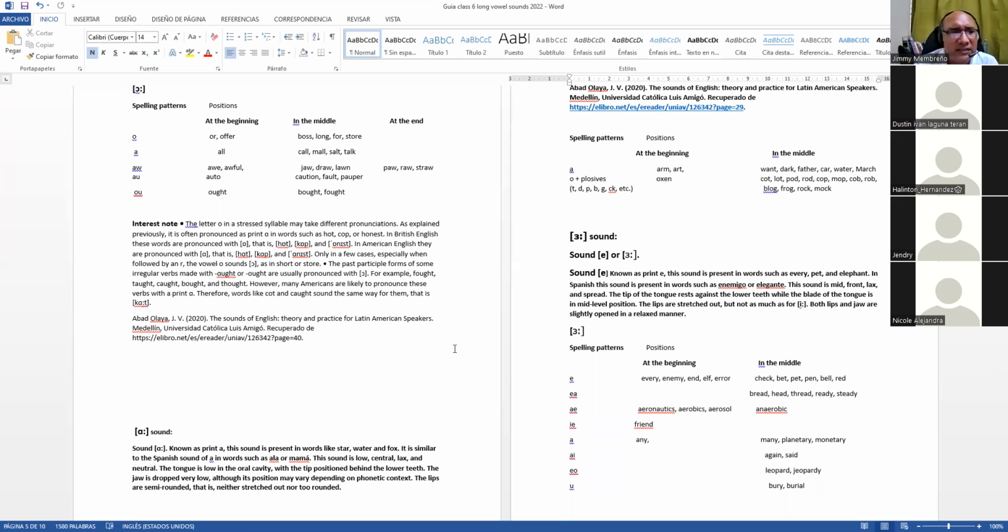In American English, they are pronounced with this sound: hot, cop, honest. Only in a few cases, especially when followed by an R, the vowel has the O sound, as in shore or store. That's what I told you.